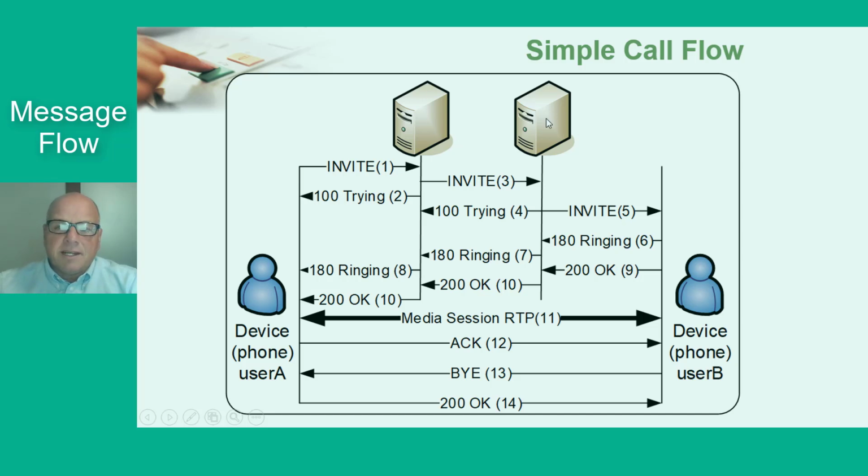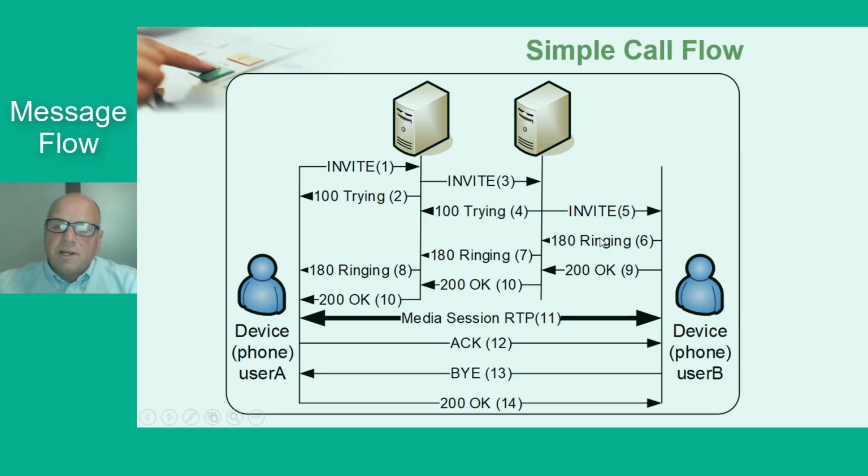And then the second proxy sends ahead the same INVITE to user B, and now the phone starts to ring, and it sends the message 180 Ringing. There are actually two types of ringing. The 180 is a ring without media, without the SDP, so it is up to the phone to generate the ring, and 183 is early media.